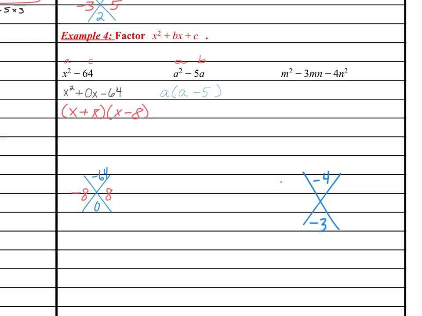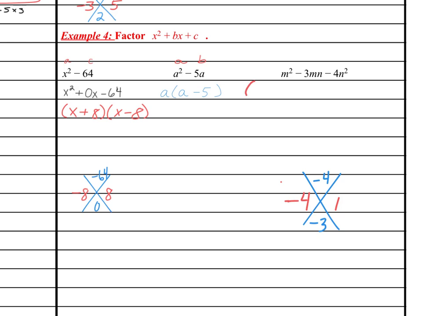Carson, what are my numbers? Negative 4, 1. Negative 4, positive 1. Those multiply to negative 4, but add to negative 3.